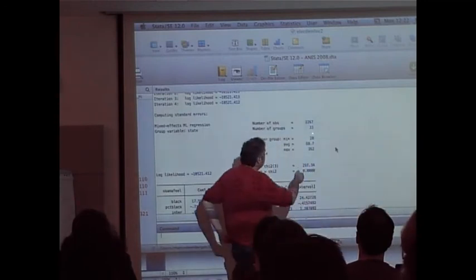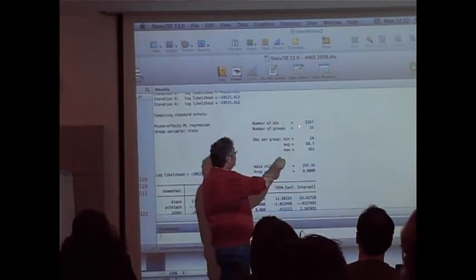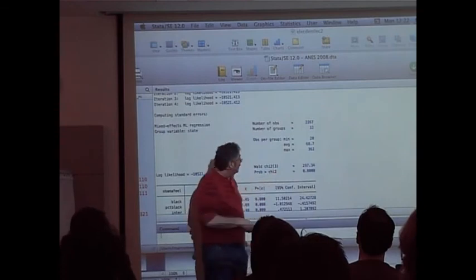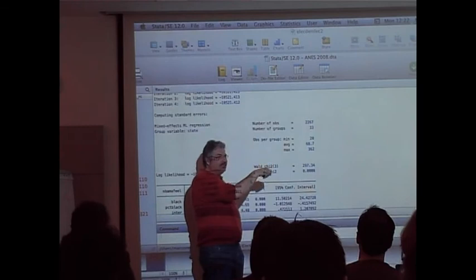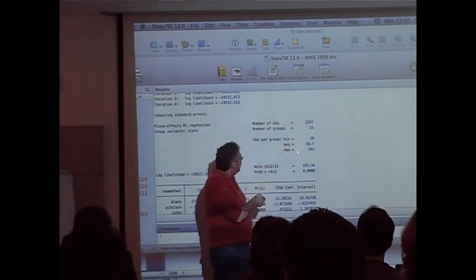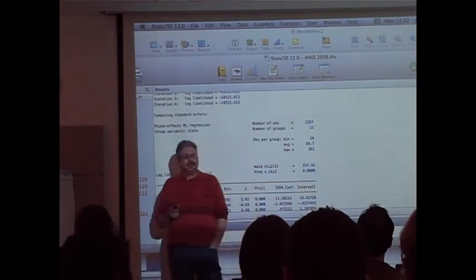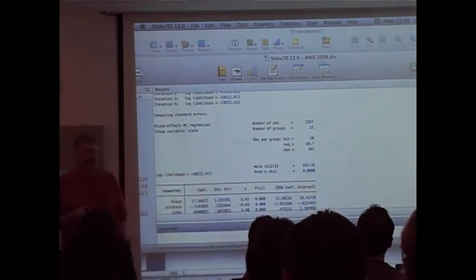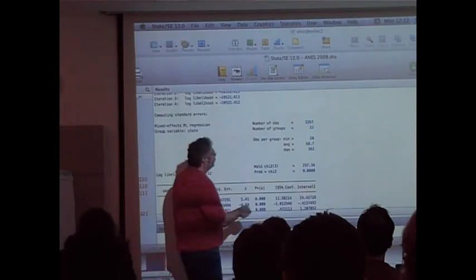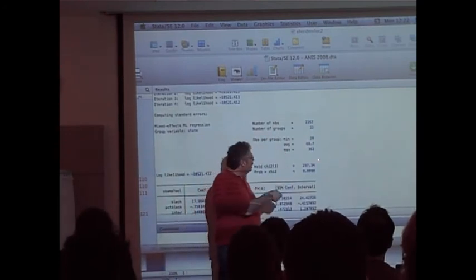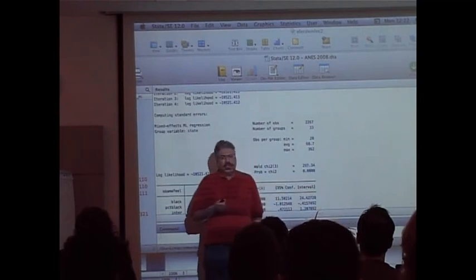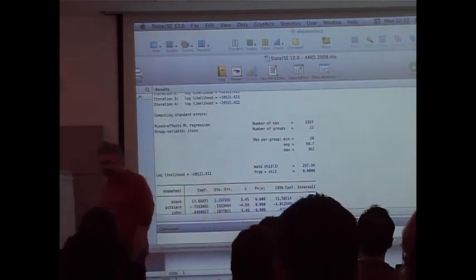Here it tells you the number of level 2 units, the number of level 1 units, and here it tells you something about the range of the n_j. So in California, I think this is California, we have 362 individuals. And then we have 20 individuals in another case. And on average, we have slightly less than 70 observations per state.